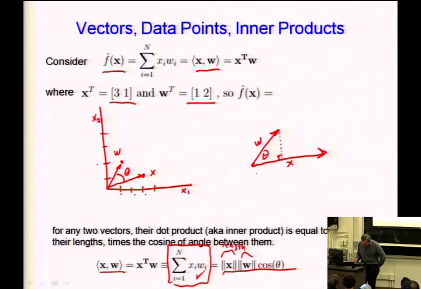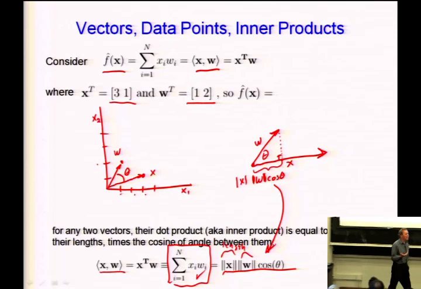Then what this distance is going to be, of course, is just the length of w times cosine theta. That's high school trigonometry. And then if I take that projection and multiply it by the length of x, actually I should have put my bars around there, meaning the length of the vector w times cosine theta. So I can think of the dot product as that projection times the length of x, which is exactly what we're talking about here.